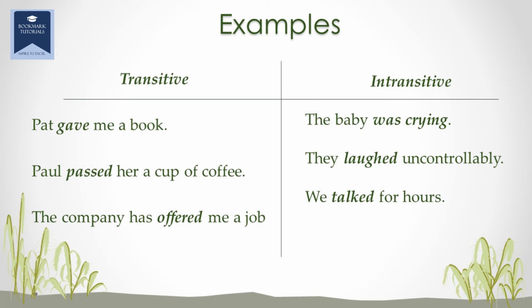We can try applying the earlier formula here. Subject plus verb plus whom or what. Here in this sentence we cannot find answers to whom or for what the baby was crying, and we can conclude that this does not have a direct object.